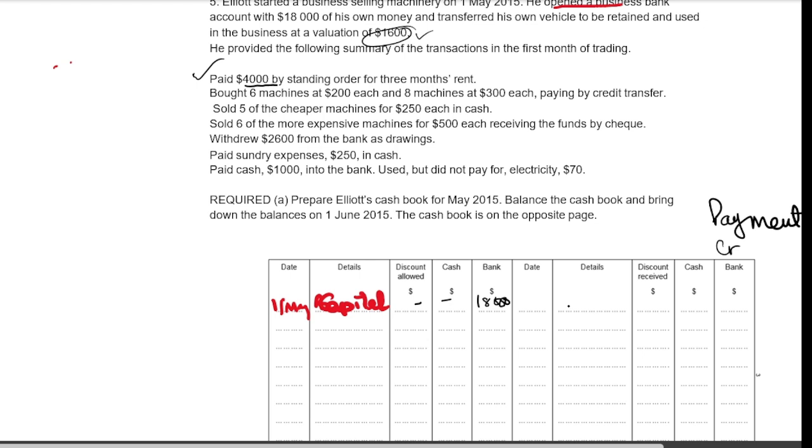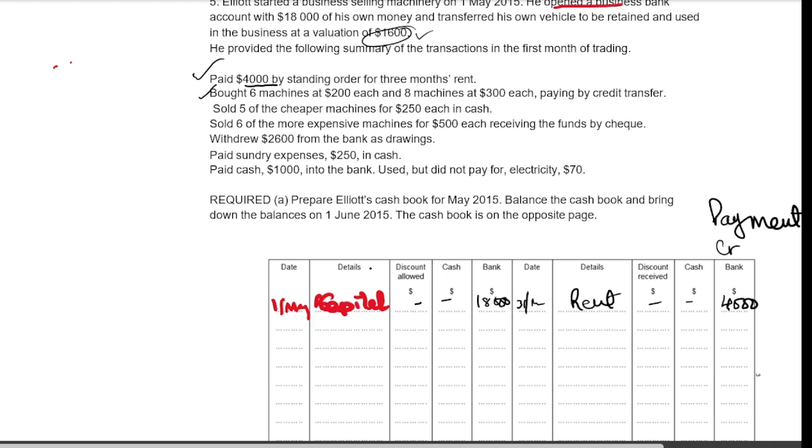Because the date is not given, I hope all these transactions are year ended, so on top I will write 31st May. Then I will write rent, and because this is a standing instruction, it goes directly in the bank column.